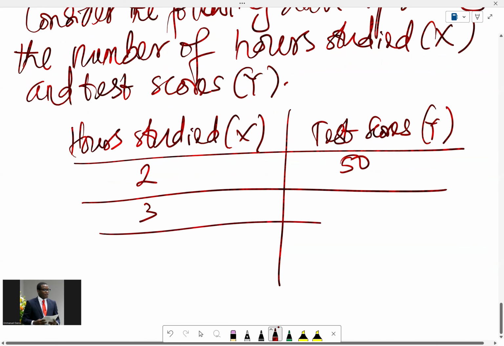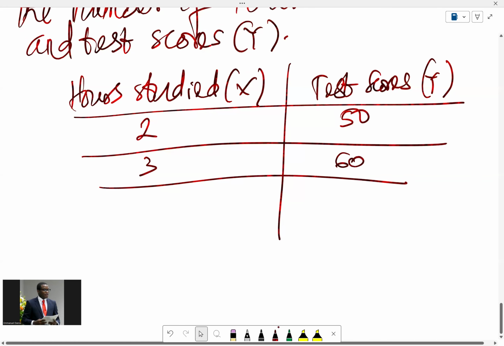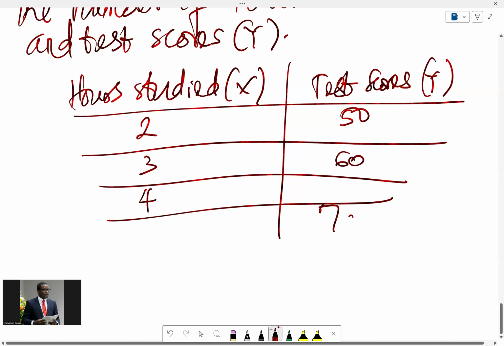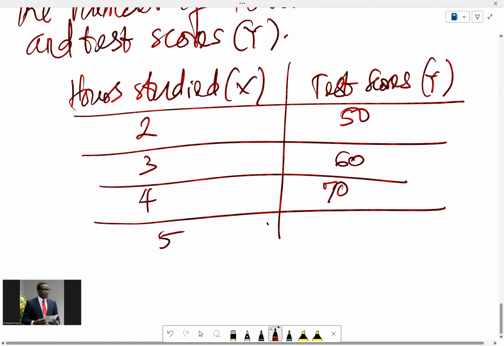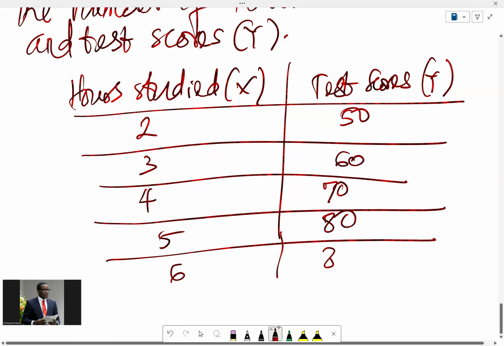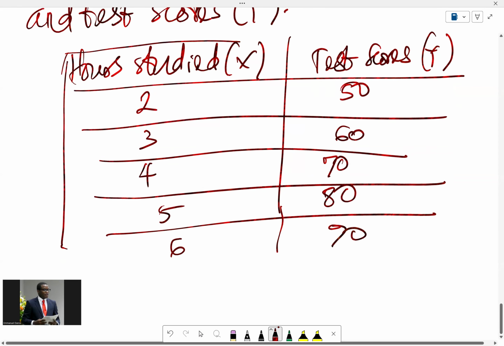Study for 3 hours, you get 60. Study for 4 hours, you get 70. And you study for 5 hours with a score of 80, and study for 6 hours guarantees you 90. So that's what we have.